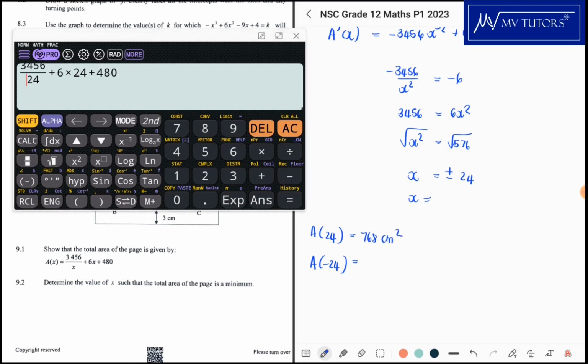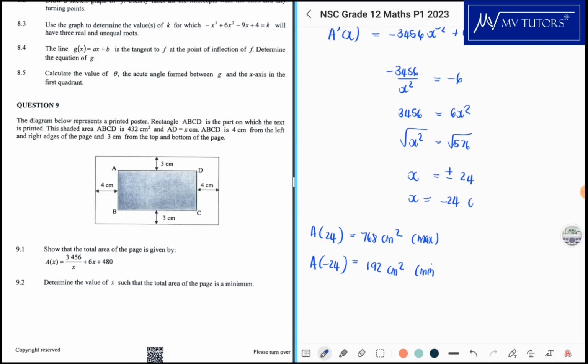Now with the negative 24, we get an area of 192 centimeters squared. So do you see this would be your maximum area and this is your minimum area. Therefore, x is actually equal to negative 24 centimeters. Yes, x is AD. So yes, it should be negative 24 for it to be a minimum.